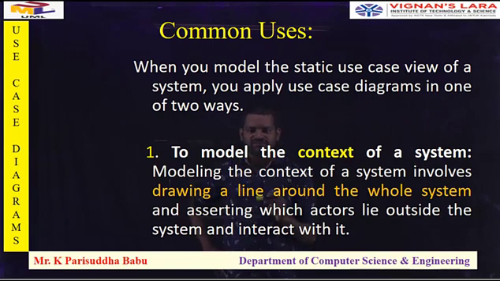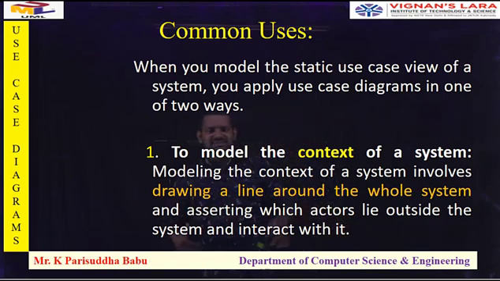The first is to model the context of a system. Modeling the context of a system involves drawing a line around the whole system.